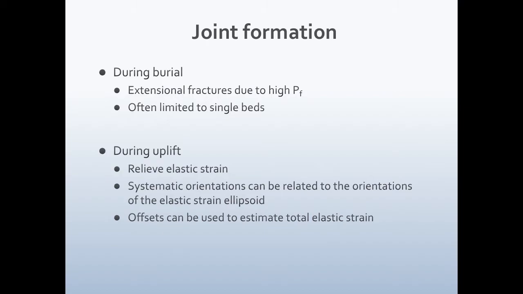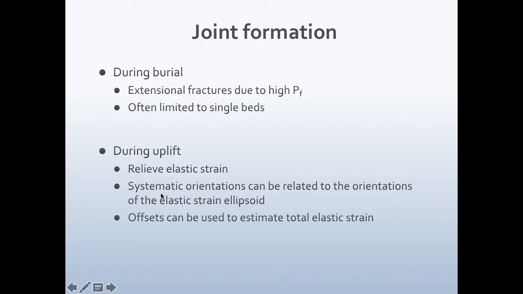The rock is also being unloaded, so the weight of the rocks above is decreasing, but the pressure of the rocks around them is not necessarily decreasing by the same amount. So the rock is experiencing this change in the principal stresses, and that will inevitably cause some shrinking as the rock nears the surface. And so that's an elastic strain that's relieved by the formation of these fractures.